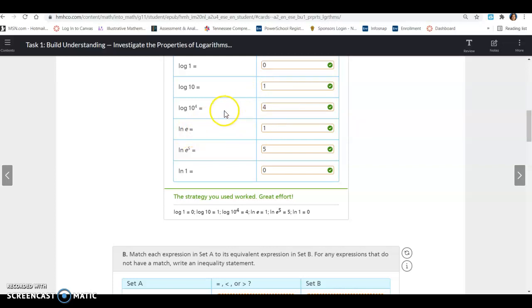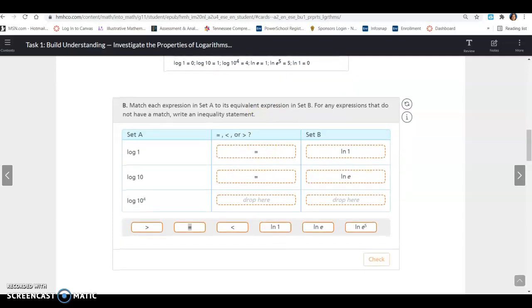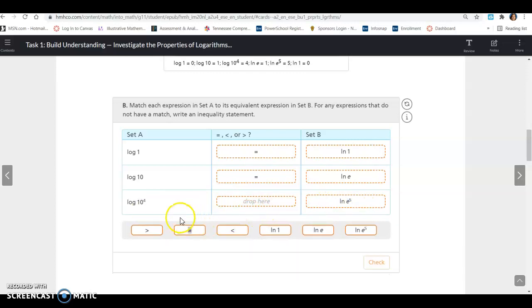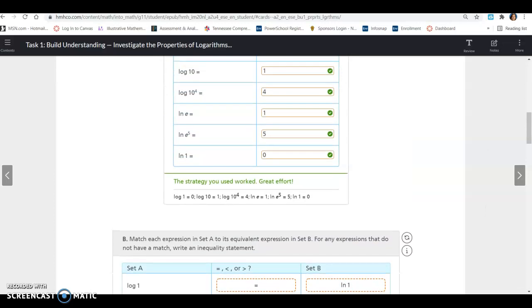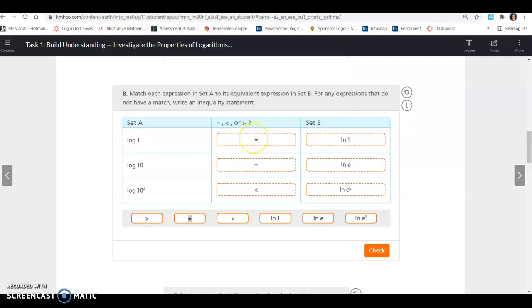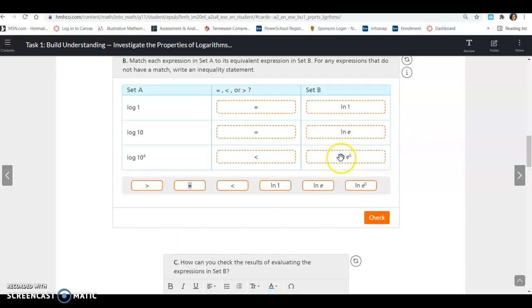And then there's only 2 left. The 2 we have left is log of 10 to the 4th and ln of e to the 5th. And you can see that's 4 and this one's 5. We can say that this one is less than this one.